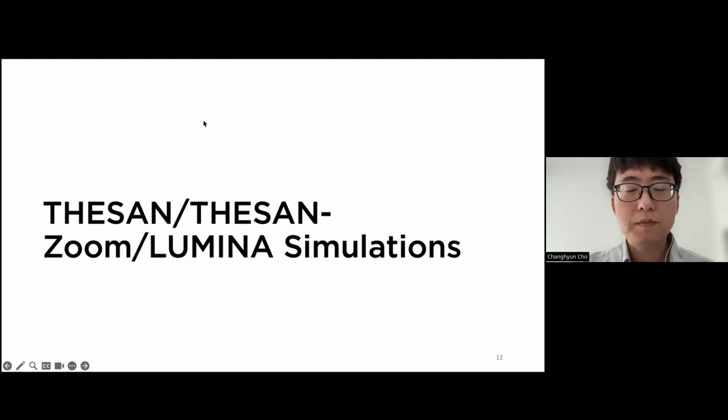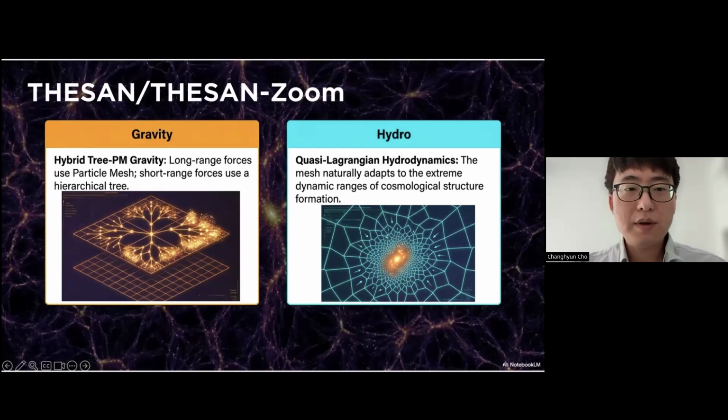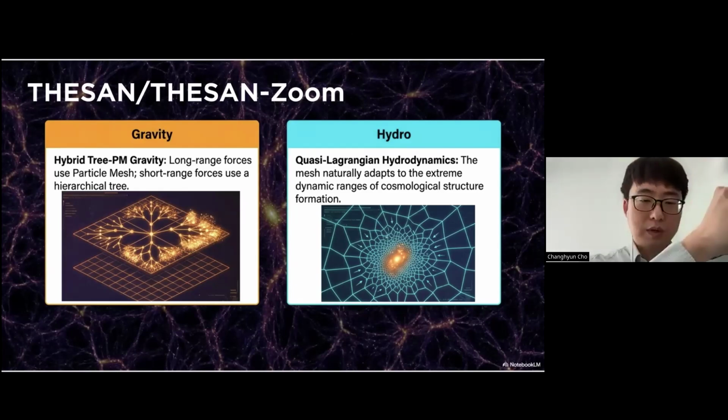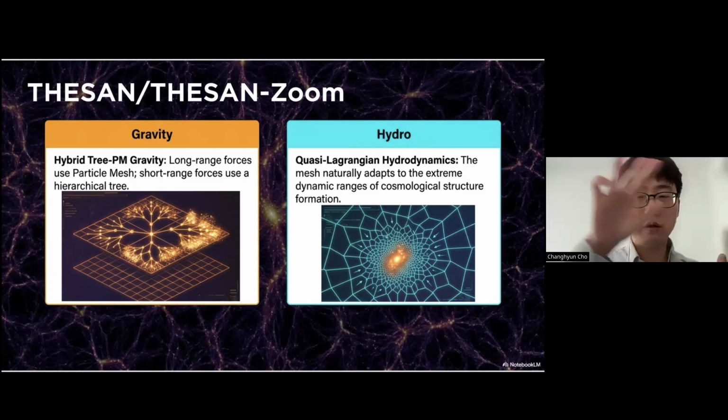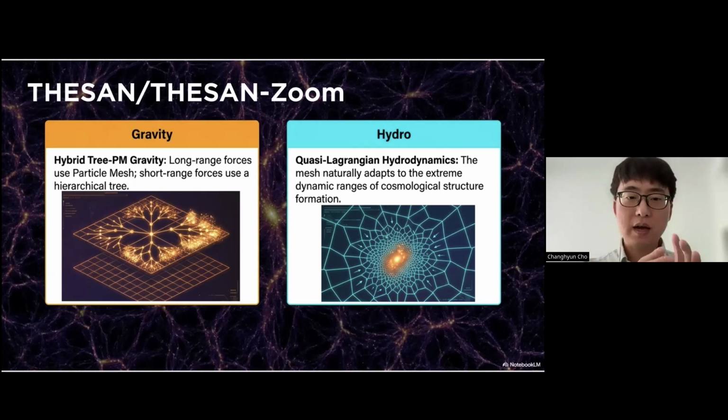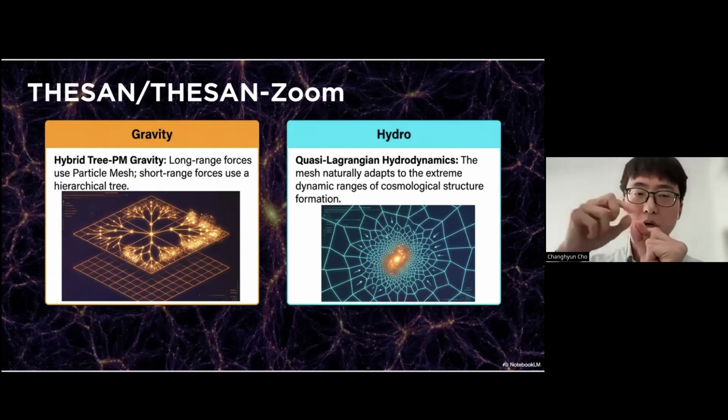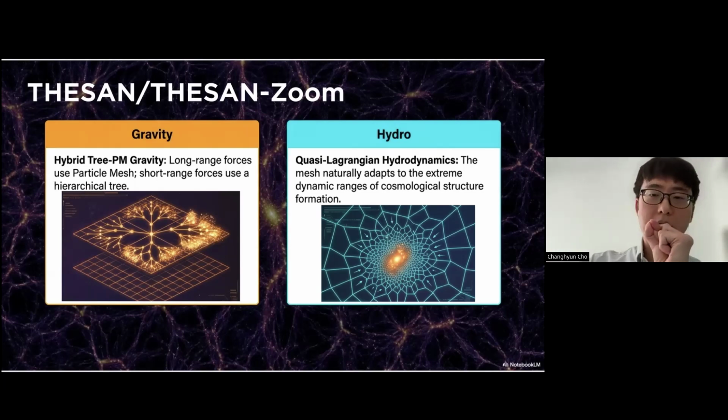Okay, so now I think it's time for us to go to the THESAN simulation. For the gravity part, we use a more sophisticated algorithm called the TreePM model. Basically it's the same thing as solving the Boltzmann equation I showed you before, but first we make a more hierarchical structure of all the individual particles. If you have a test particle, there are some particles around it, and other particles far away.